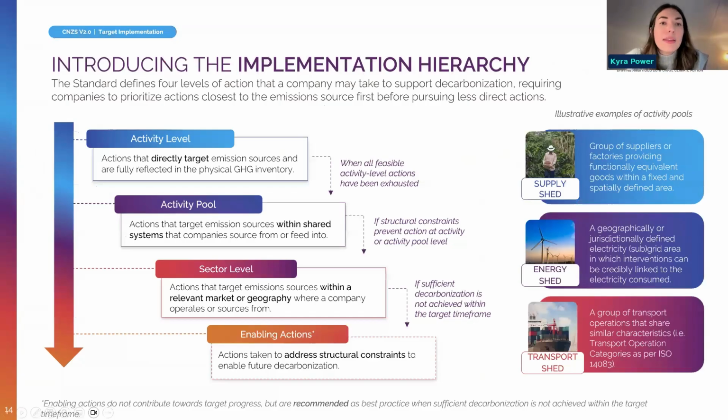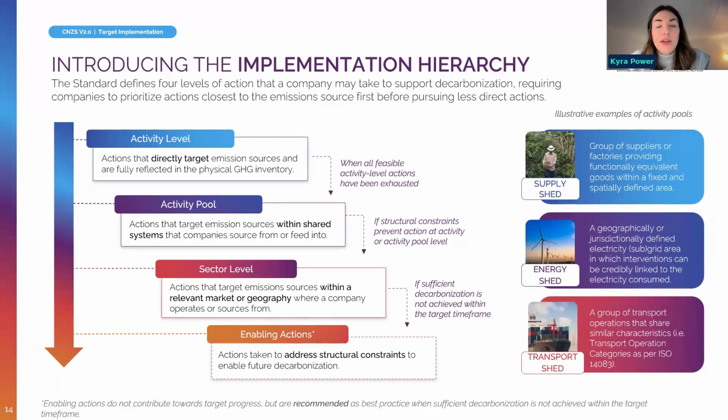Next, please. Once a company has selected the target setting methods most suited to their operations and value chain and have successfully validated their science-based target, now they turn to the most challenging task of all, implementation.